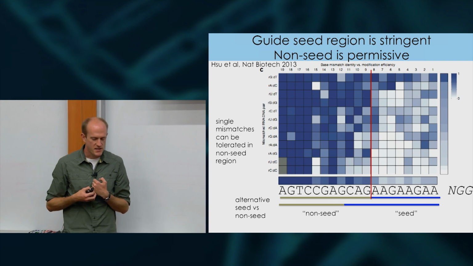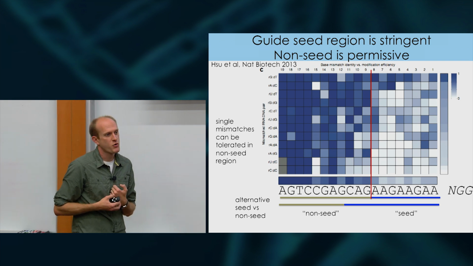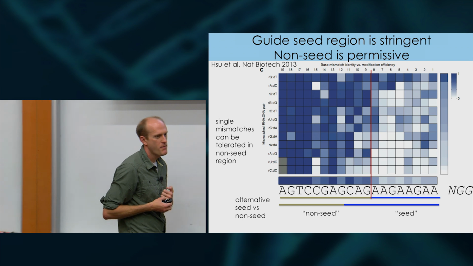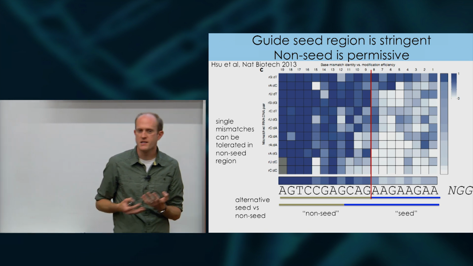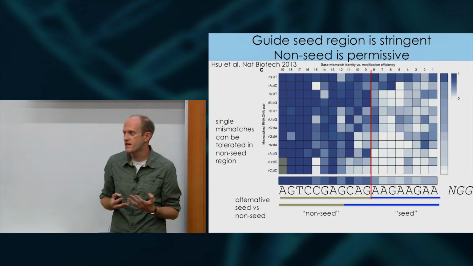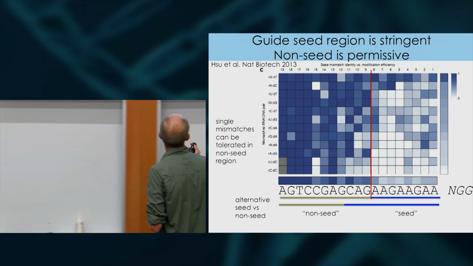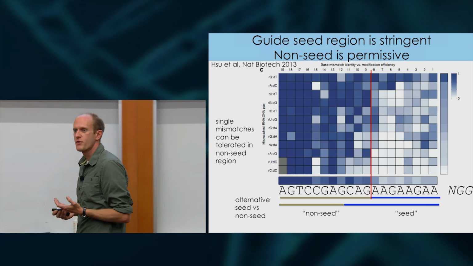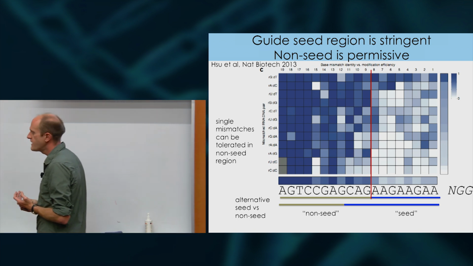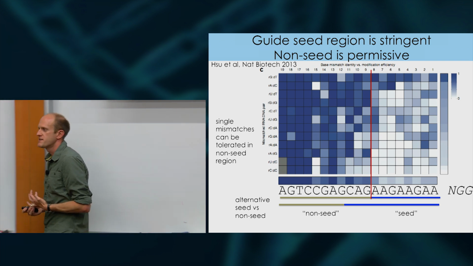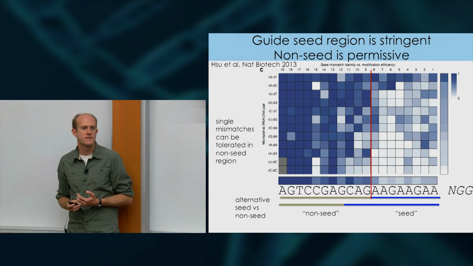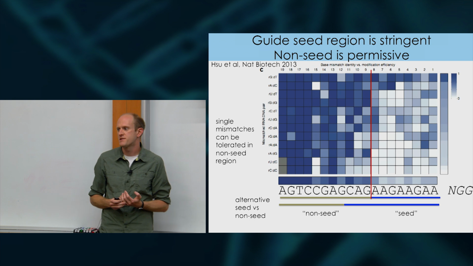So I think that on a sequence level, it's something that it's important for us to think about. It's teaching us a lot about how Cas9 works, and it's letting us avoid making silly mistakes. I think that some of these patterns are still useful for helping us design our experiments, but we should not take them in any sort of way as like, oh my gosh, I have 3 off targets. I should never use this guide. I should never do this experiment.